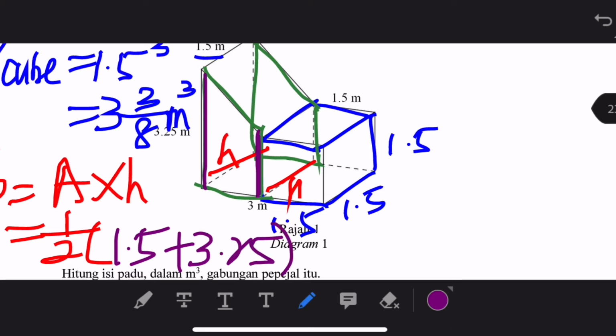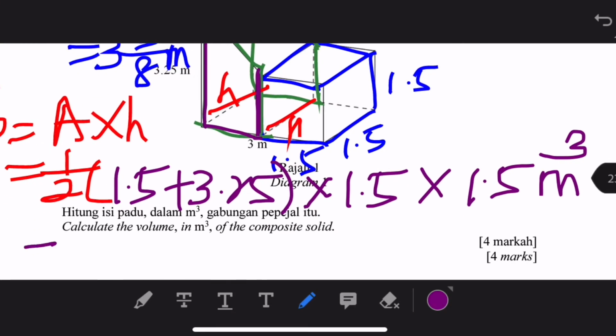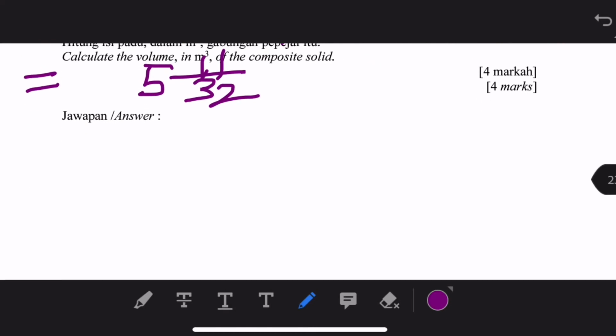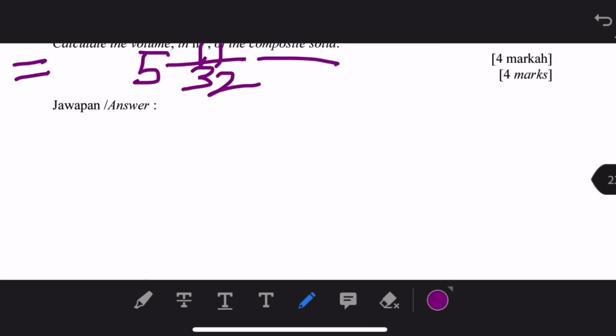Okay, A plus B times the height of the trapezium and times the distance between the two uniform cross sections, which is 1.5 meter. So if you press the calculator, you will get the answer, which is 5 11/32.